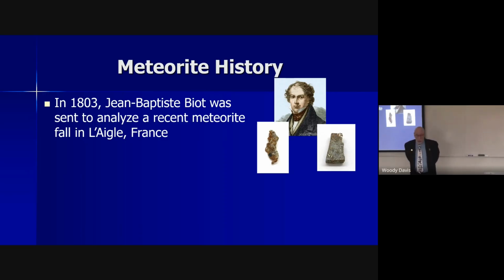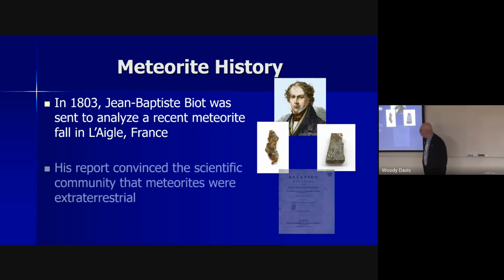Because previous to that, there was doubt among the, what you'd call then the scientific community, the natural philosophers then, that they weren't really convinced that meteorites came from outer space. But he wrote up a nice report. I have an English translation of that here.